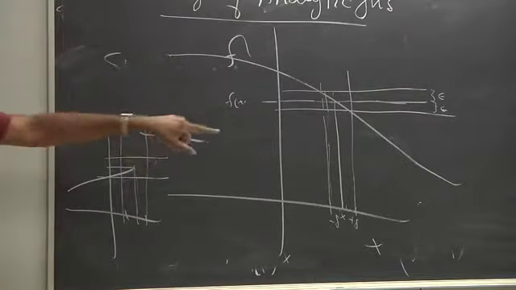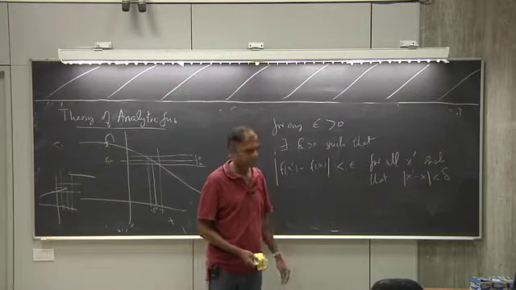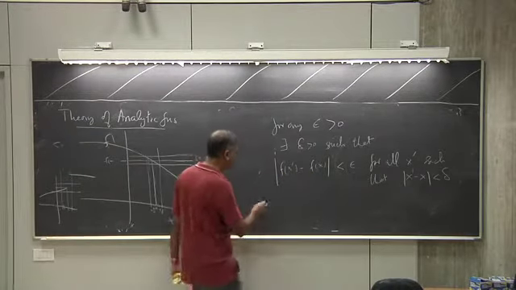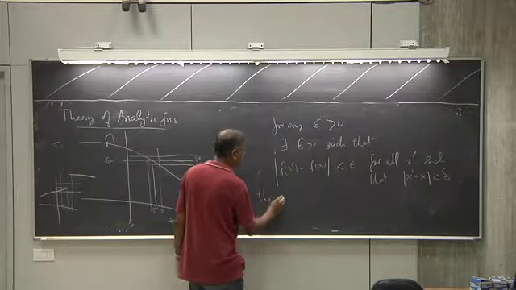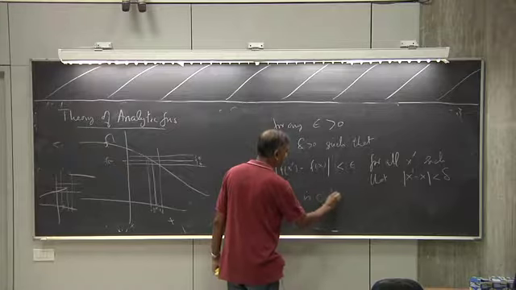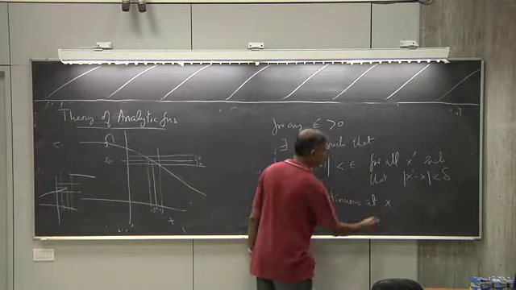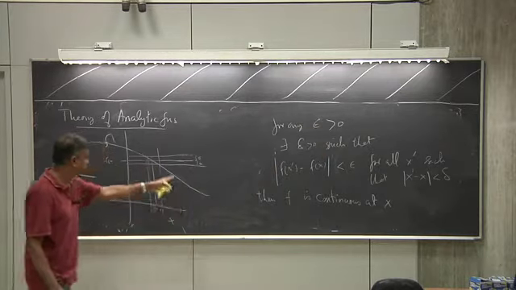So this is a mathematical way of defining this notion of continuity. If this happens, then you say the function f is continuous at x. It's a local statement.